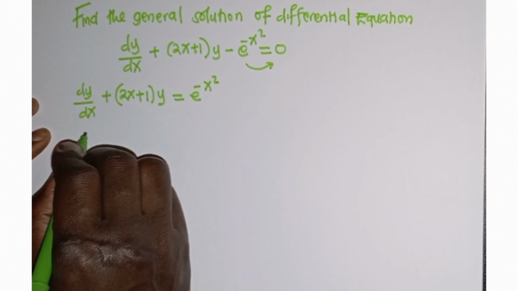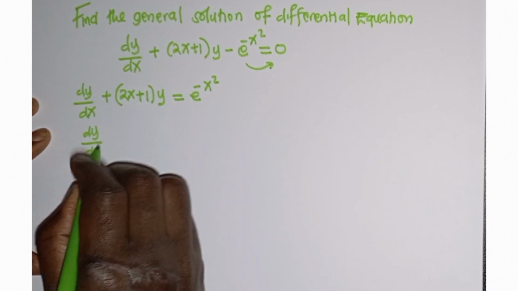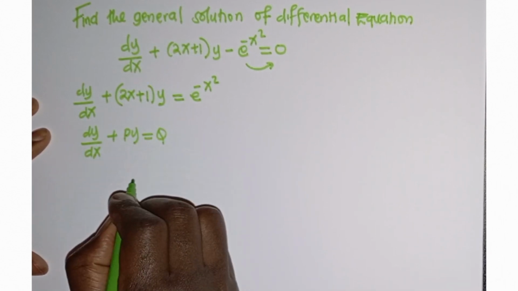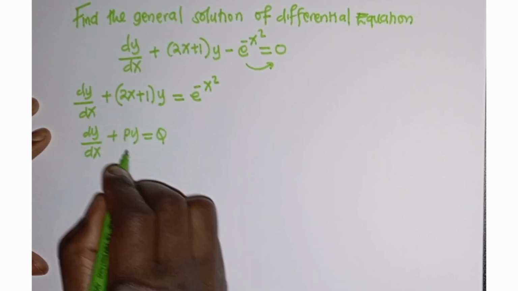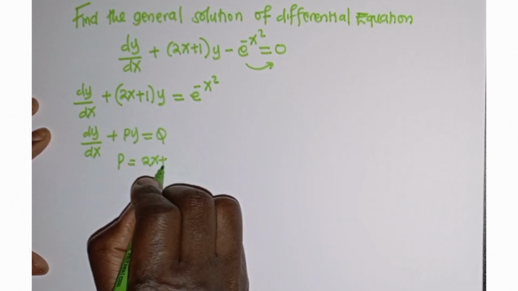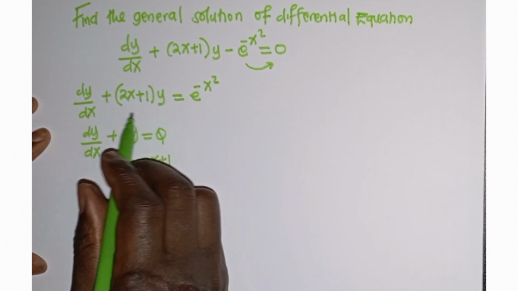Now if we continue, this is in the form dy/dx + Py = Q. So therefore, if we compare, our P is going to be 2x + 1. Therefore we go ahead to get the integrating factor.